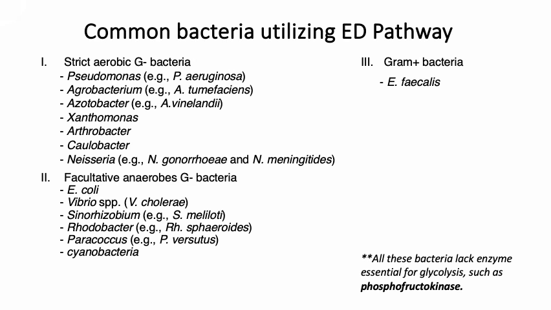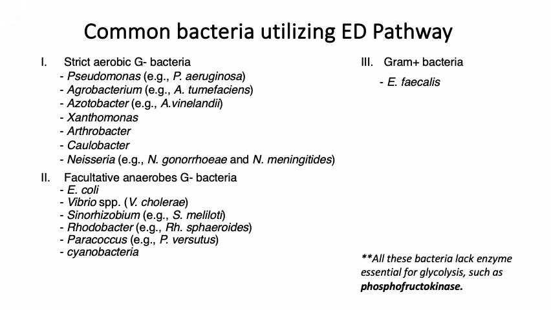Okay? And lastly, an example of a gram-positive bacteria that can utilize your ED pathway is Enterococcus faecalis. So another note is that all these bacteria presented here lack the enzyme essential for glycolysis such as phosphofructokinase.